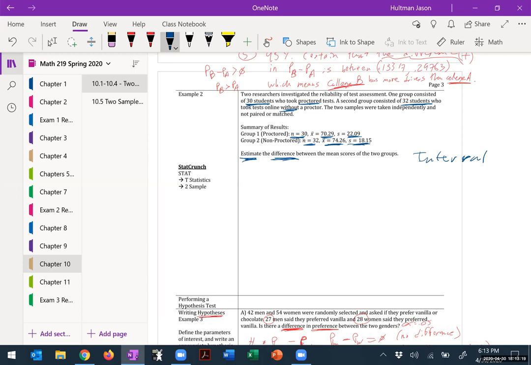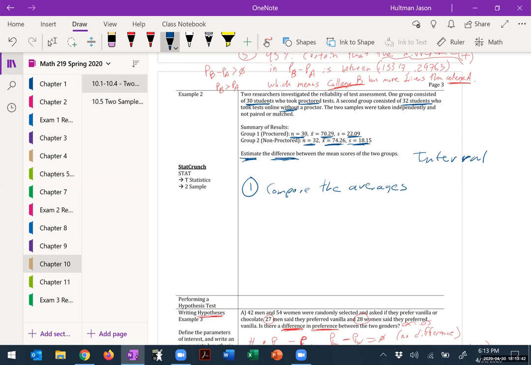In our interval, we are looking for how the two groups behaved. We're comparing the means. I want to compare the averages.